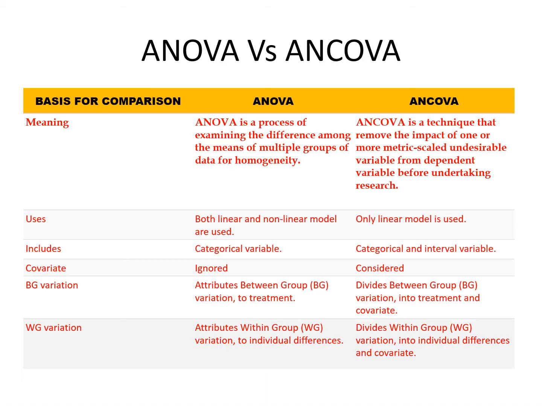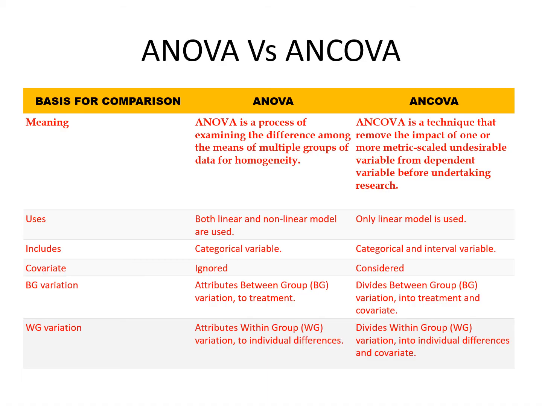And then the covariate analysis, you can ignore it using ANOVA, but for ANCOVA, you consider the covariate analysis. And then the between group variation is to be treated as a whole if you use ANOVA. But for ANCOVA, you divide between group variation into treatment and covariate, because covariate is considered in the measurement of ANCOVA.